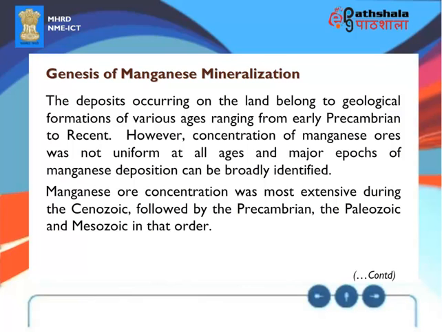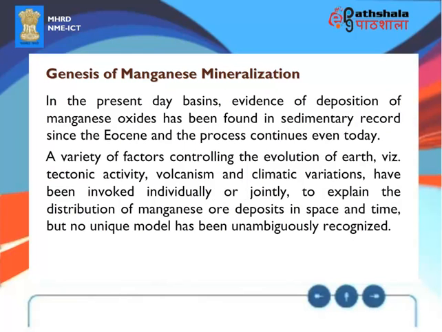However, concentration of manganese ores was not uniform at all ages, and major epochs of manganese deposition can be broadly identified. Manganese ore concentration was most extensive during Cenozoic, followed by the Precambrian, the Paleozoic, and Mesozoic in that order. In the present-day basins, evidence of deposition of manganese oxides has been found in sedimentary record since the Eocene, and the process continues even today.